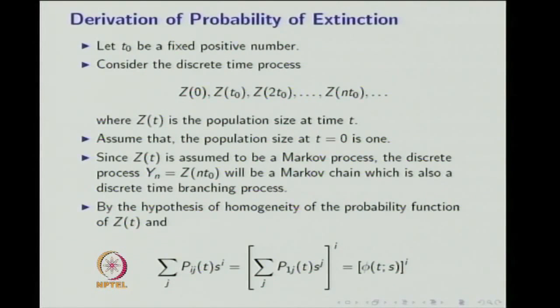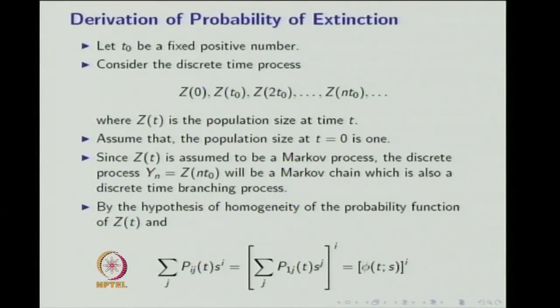Let t_0 be a fixed positive number. Consider a discrete time branching process Z(0), Z(t_0), Z(2t_0) and so on, Z(n t_0), where Z(t) is the population size at time t. Assume that the population size at time 0 is 1, Z(0) is equal to 1.